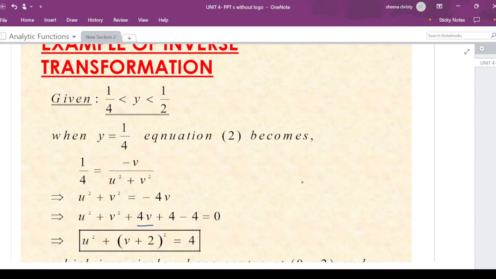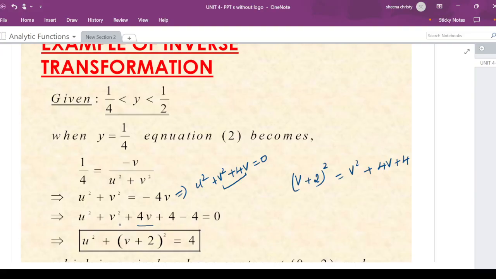So 4V means V plus 2 the whole square, what is this? V square plus 4V plus 4. But here, if I write U square plus V square plus 4V alone, I will get only that. But if I want to write it as V plus 2 the whole square, I have to have 4. That's why we are adding and subtracting 4 here.